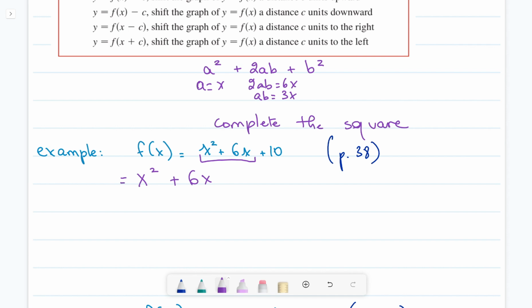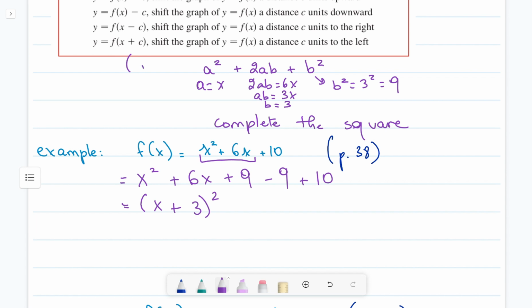Now we divide both sides by a, so a is x, 3x divided by x is 3, so b is equal to 3. Therefore, b squared equals 3 squared equals 9, so we want a 9 in here. We cannot randomly add numbers, so we have to do plus 9 minus 9, and then we keep the plus 10. So x squared plus 6x plus 9 is the same as x plus 3 all squared, because up here this was a plus b all squared. So x plus 3 all squared is this part, and we have 10 minus 9, which is plus 1.